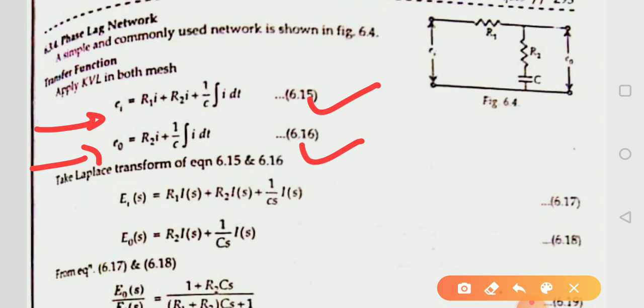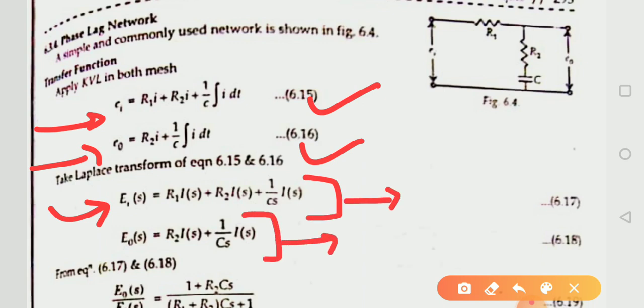Now we take the Laplace transform of both equations. For the input equation we have E1(s) equal to R1 times I(s), since R1 is constant, plus R2 times I(s), and the Laplace transform of the integration of I dt is 1 over s times I(s), with 1 over C constant.